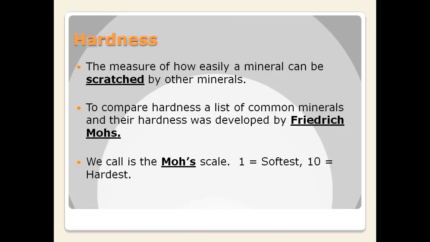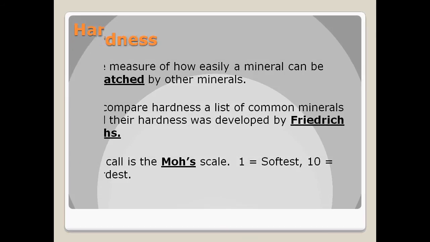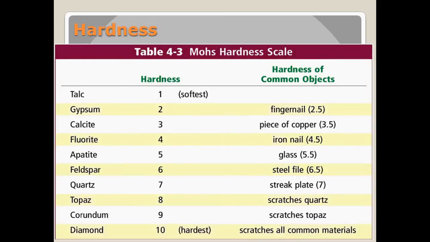He developed this system, or scale, if you will, in which he appointed a softest measurement and a hardest measurement and labeled points between them. It came to be known as the Mohs scale, with the softest being represented by 1 and 10 being represented by the hardest. Now, in the next slide, I want to show you a Mohs scale of hardness.